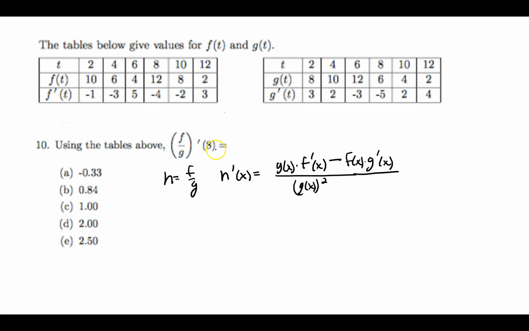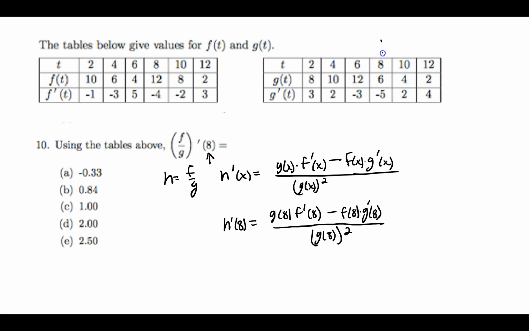And we're interested in x equal 8. So h prime of 8 is going to be g of 8, f prime of 8, minus f of 8, g prime of 8, and the whole thing is divided by g of 8 squared.